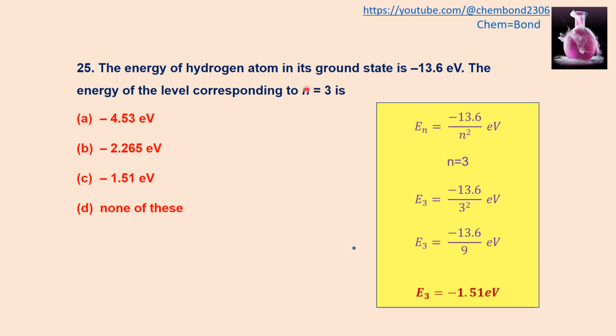Here n is equal to 3, that is given in the question. So we will take n equal to 3, and square is given in the formula, so 3 square will be written over there. Minus 13.6 divided by 3 square, which is 9, gives minus 1.51 electron volt. That is the answer.